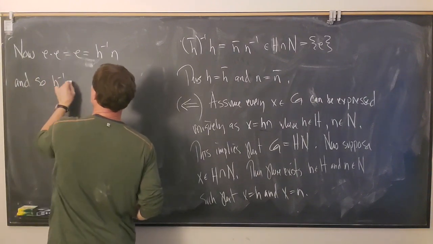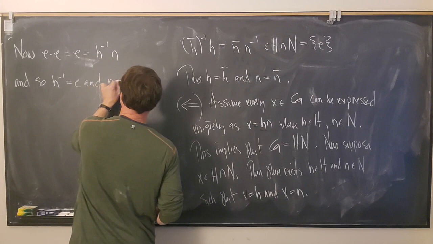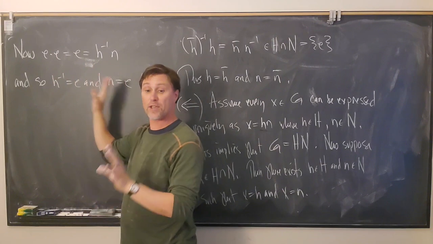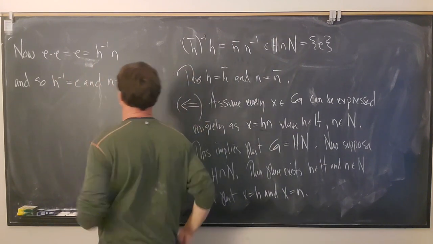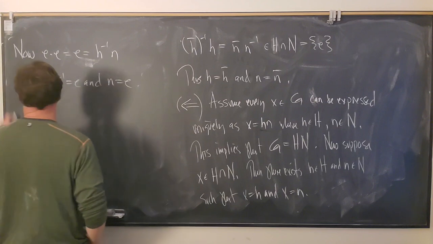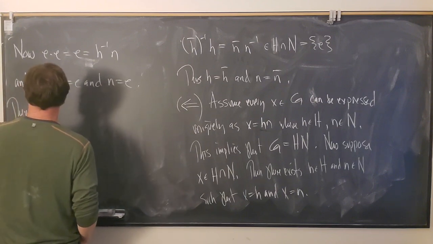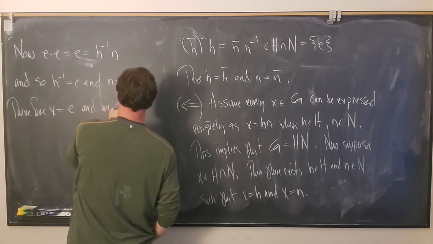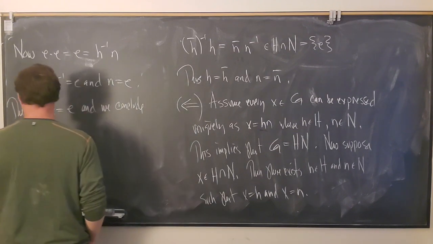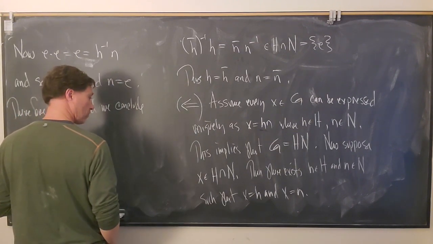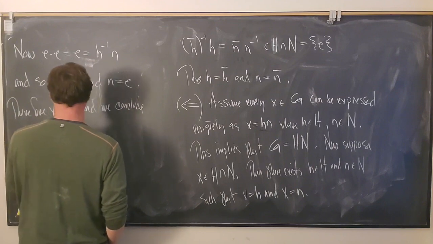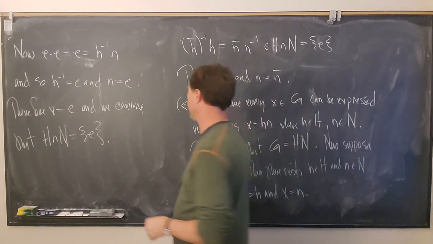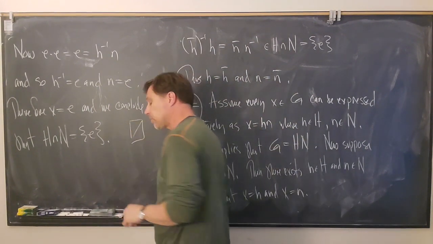It tells us that h inverse equals e and n equals e, right? The h inverse has to equal e and the n has to equal e by uniqueness of expressions. Therefore, x is equal to the identity, and we conclude that H intersect N is trivial. Okay, so that completes the proof.